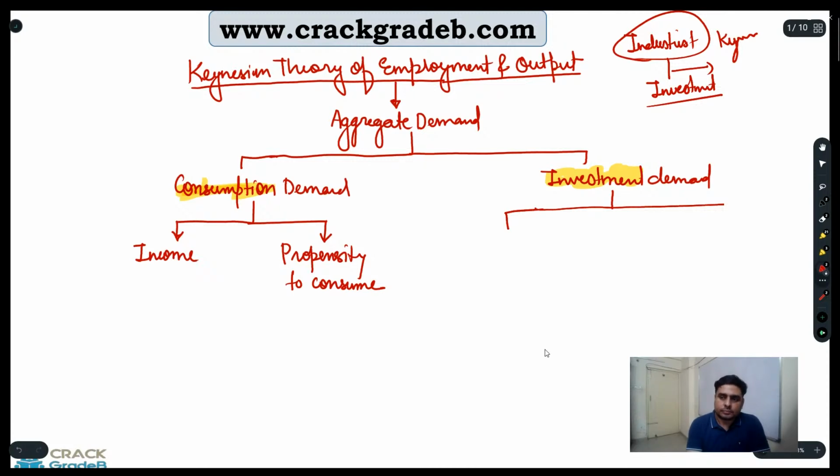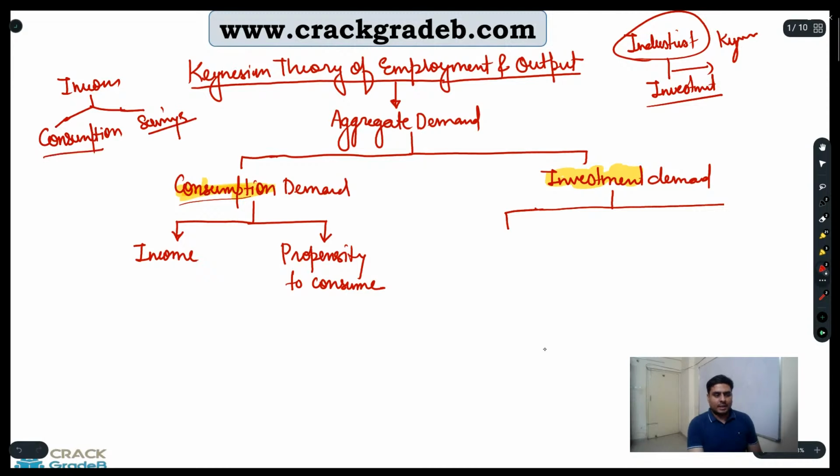According to Keynes, when he means investment demand, sometimes students get confused because they feel that it is consumption plus investment, because the income of every person has two components. Income is going to be for consumption and the other part is going for the purpose of savings.